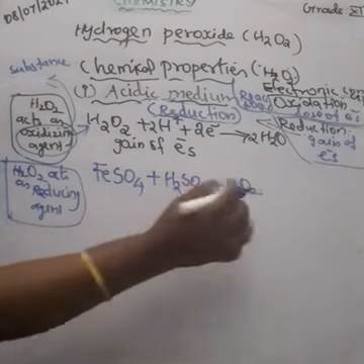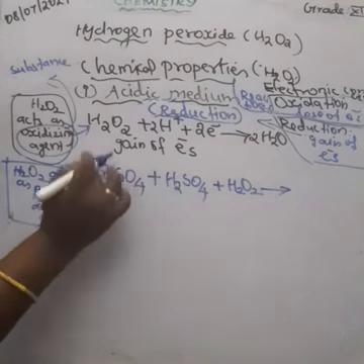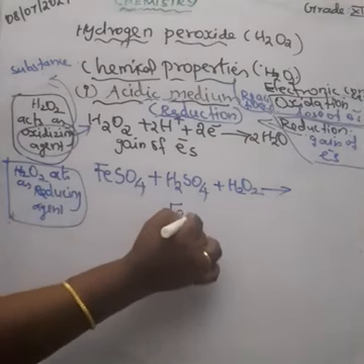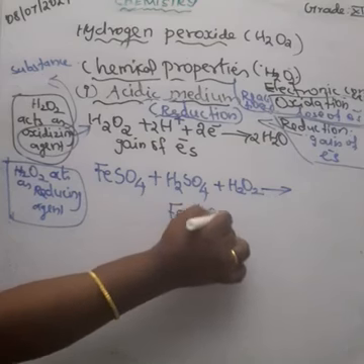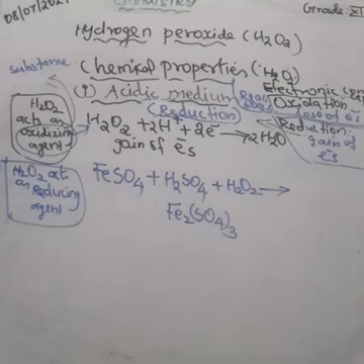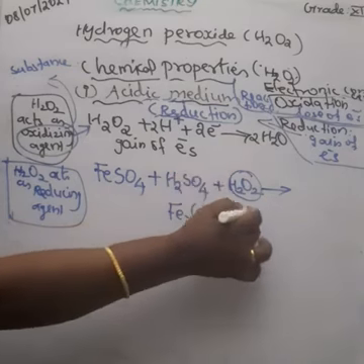Here the ferrous sulfate is converted to ferric sulfate. FeSO4 is converted to Fe2(SO4)3. Here the hydrogen peroxide is reduced to the water molecule, H2O.